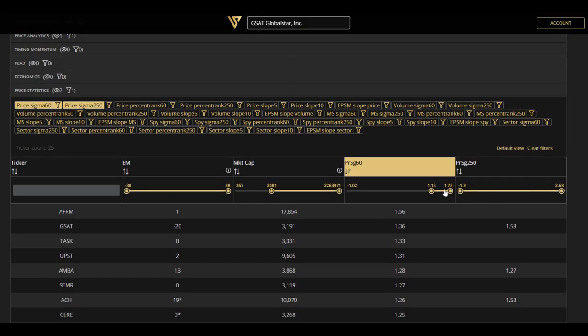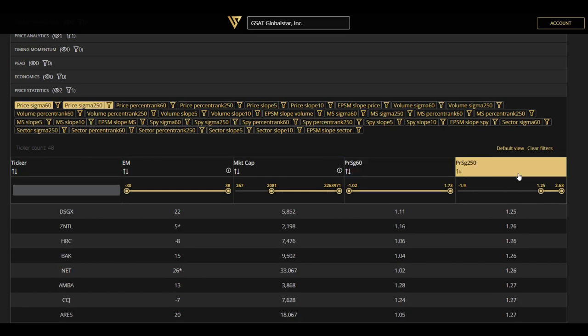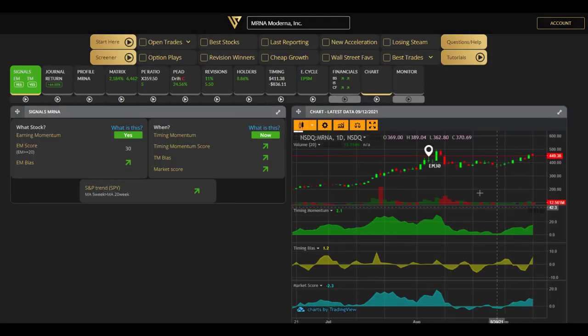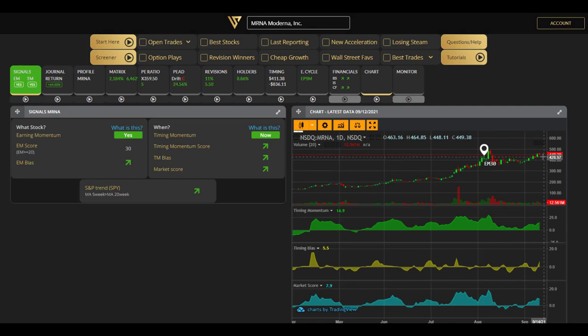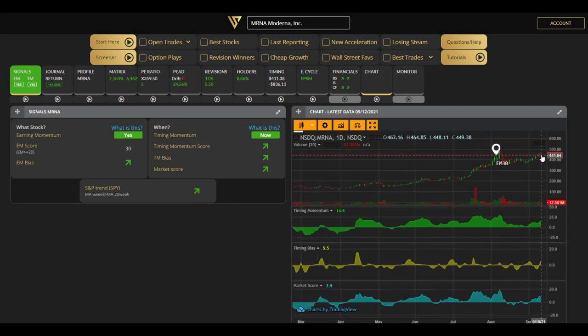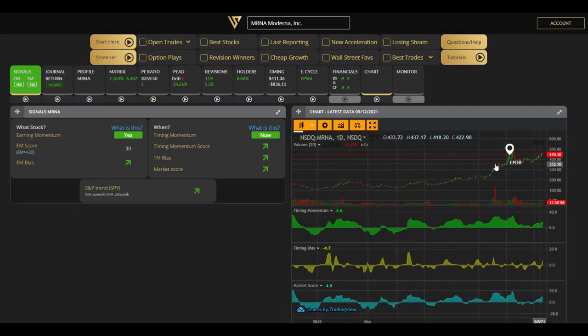Same thing for the 250 days. So that's a full year where you have the ability to look at sigma of a full year. You can sort, and then you pick the big one, MRNA, for example. So MRNA is really extremely high up in terms of 1 full year of history.